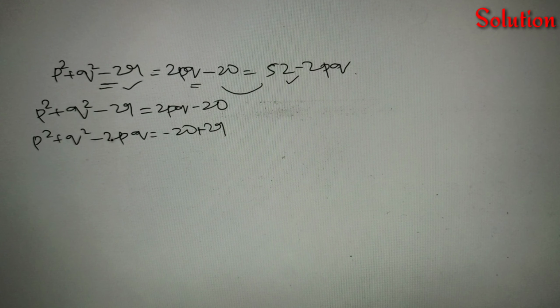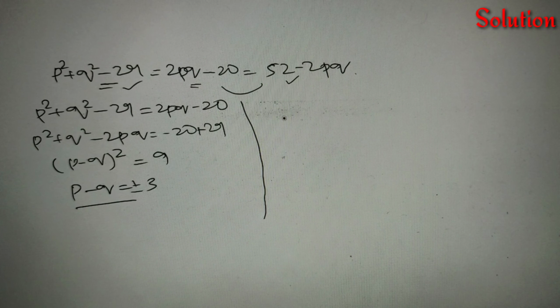Now p square plus q square minus 2pq is nothing but p minus q whole square, and minus 20 plus 29 is nothing but plus 9. So we have got the value of p minus q as plus minus 3. So we can get 2 cases, one as plus 3 and other as minus 3.